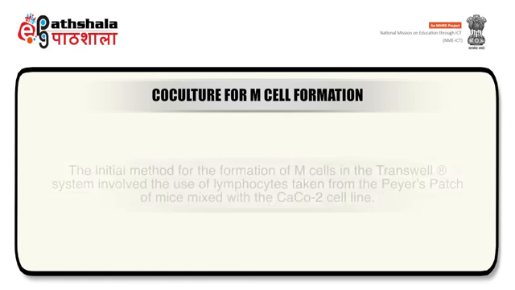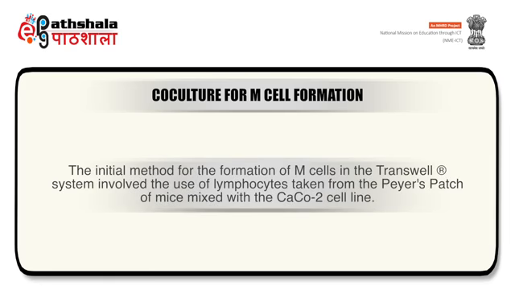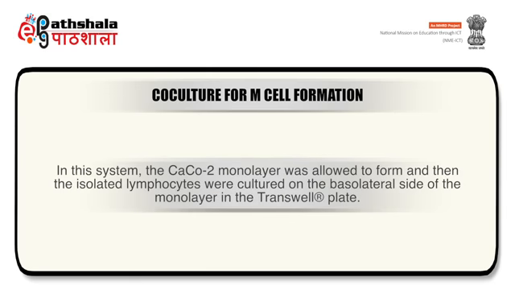The initial method for the formation of M cells in the transwell system involved the use of lymphocytes taken from the Peyer's patch of mice mixed with the Caco-2 cell line. In the system, the Caco-2 monolayer was allowed to form, and then the isolated lymphocytes were cultured on the basolateral side of the monolayer in the transwell plate.